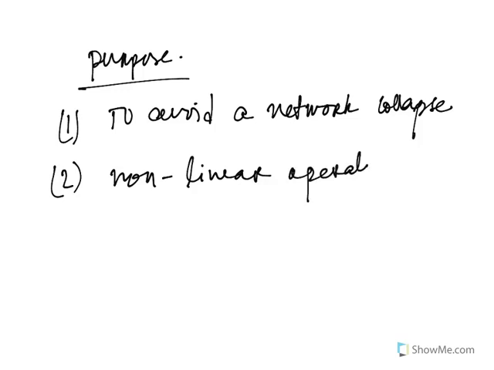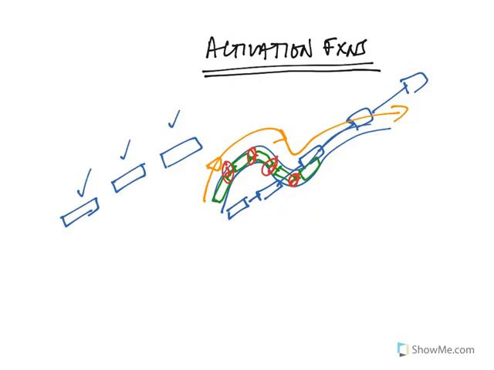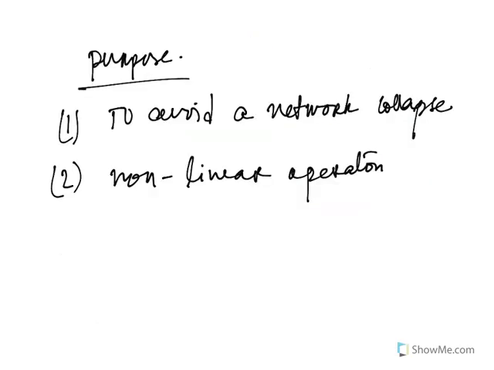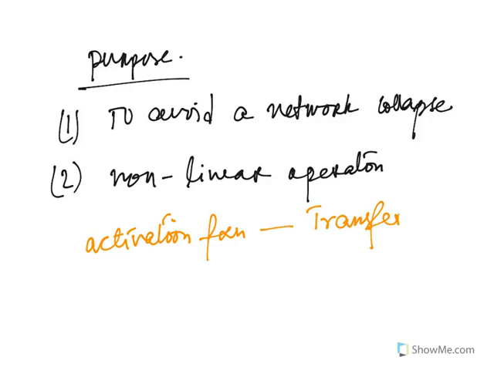Just as we drew in this example, the whole idea is to have this nonlinearity, so you're able to fit the curve. An activation function is sometimes also called a transfer function, and is also called nonlinearity.